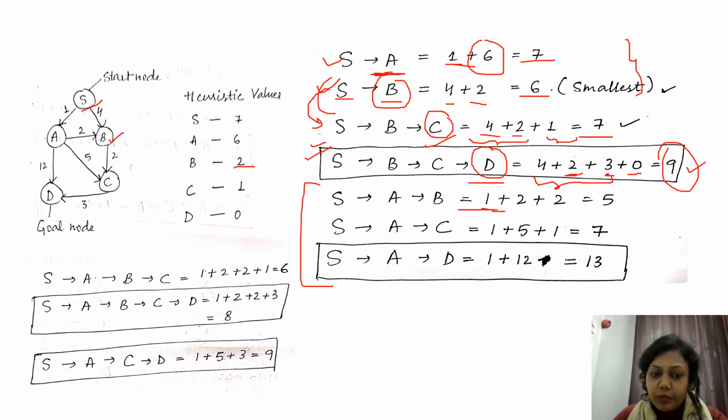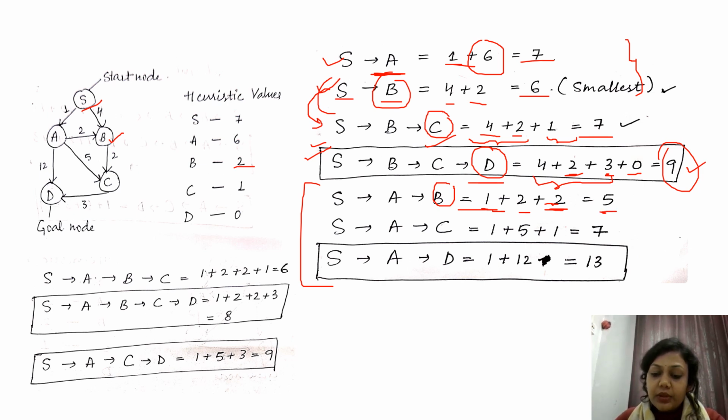Then A to B, the value is 2. Now we will calculate the heuristic value for B, it is 2. After adding this, we are getting an answer 5.